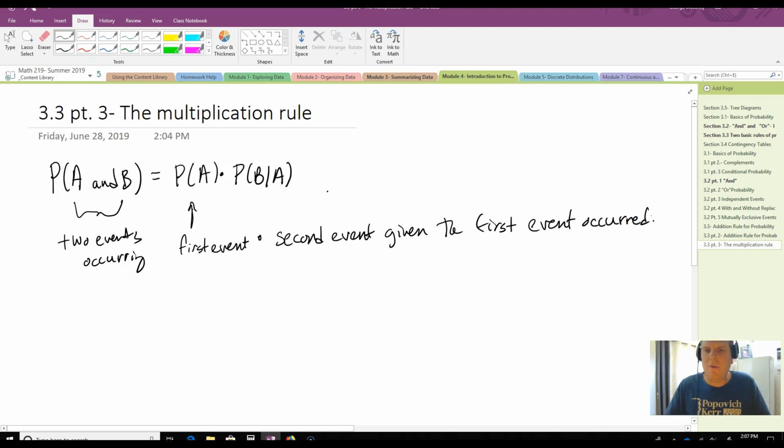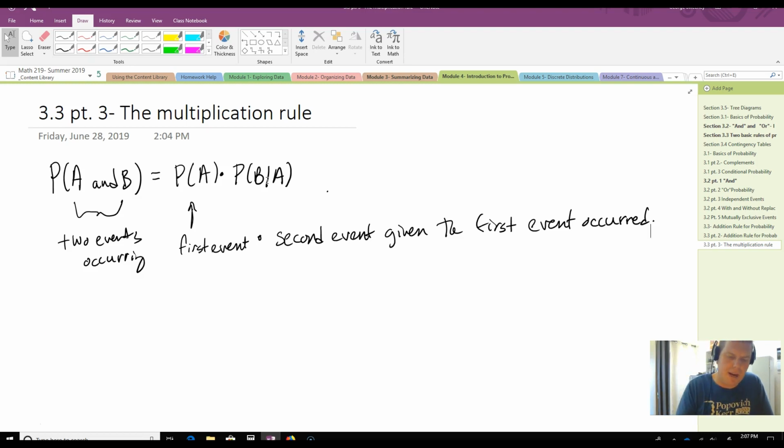Okay? And the reason why something like this ends up being very handy is because it allows us to think about probabilities away from the sample spaces and to work with them on a much larger basis.